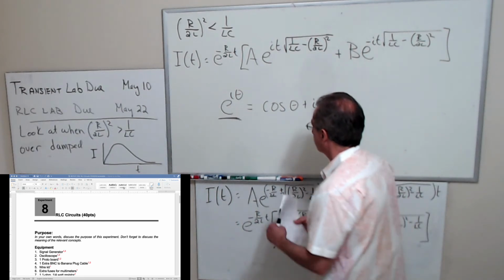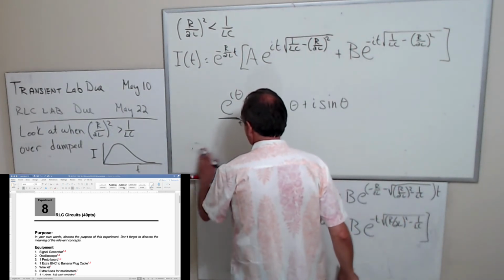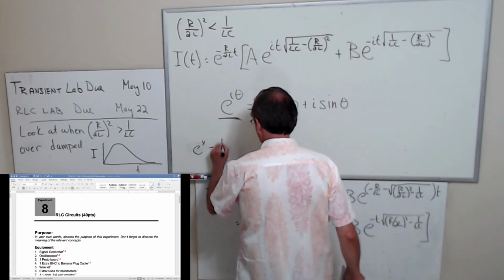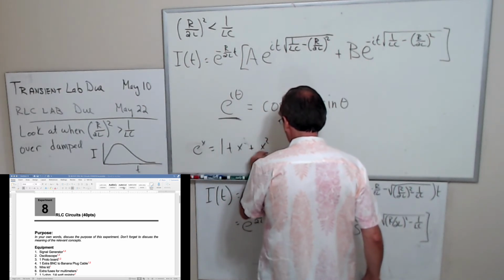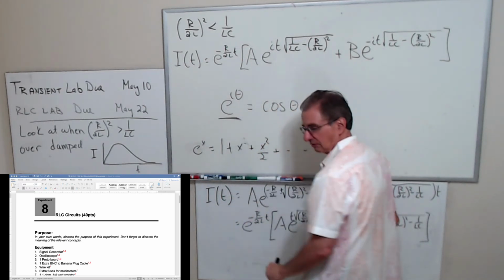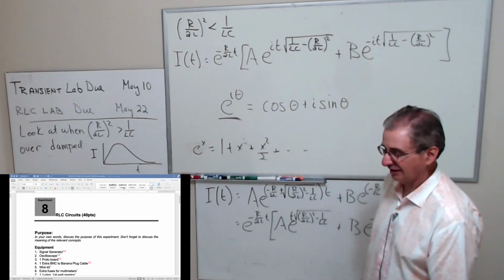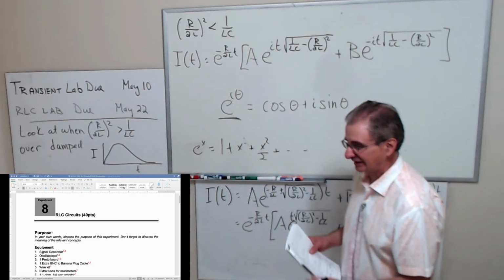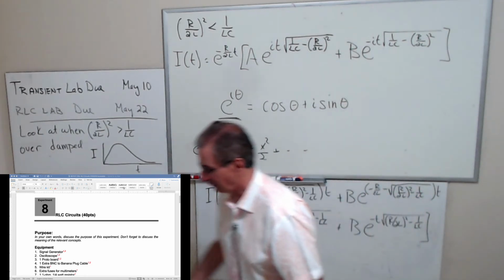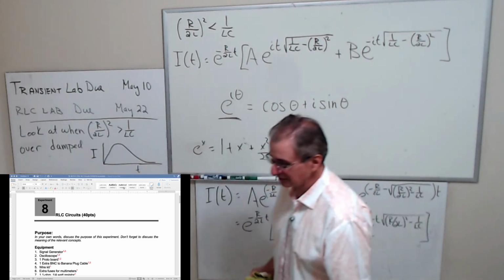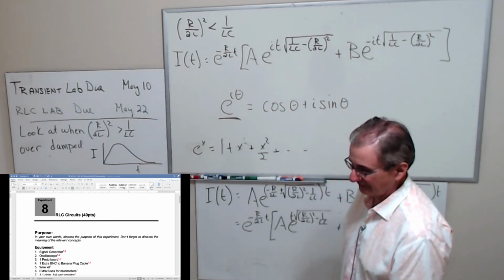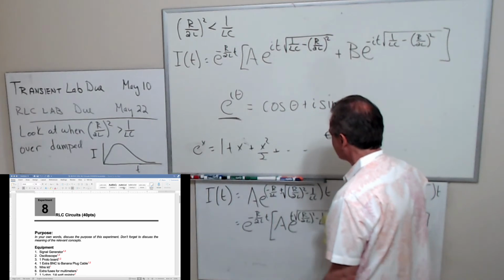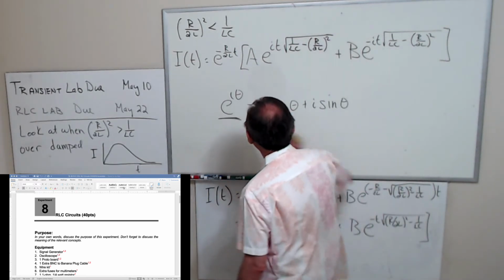Isn't e to the x equal to 1 plus x plus x squared over 2, right? Isn't that the case? Have you ever done that with the exponential function? No? Only one person saying yes? Anyway, if you expand it, you get this thing.